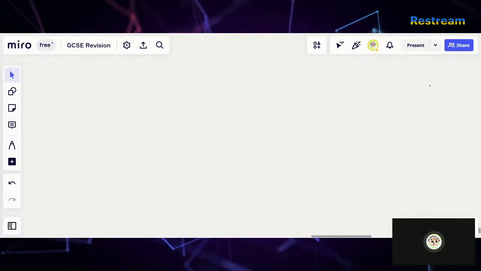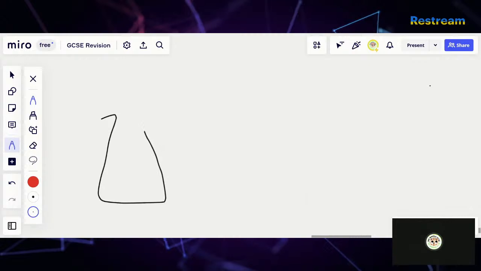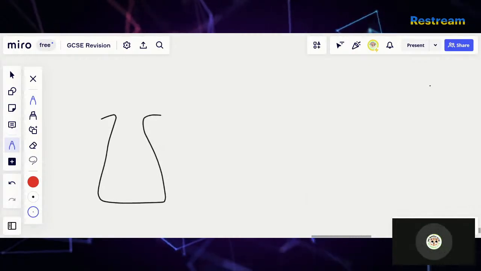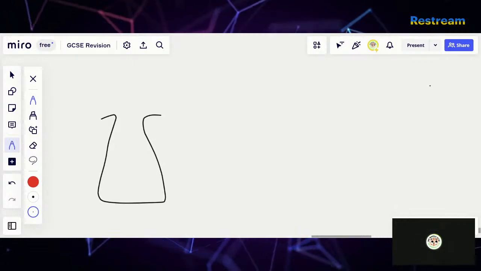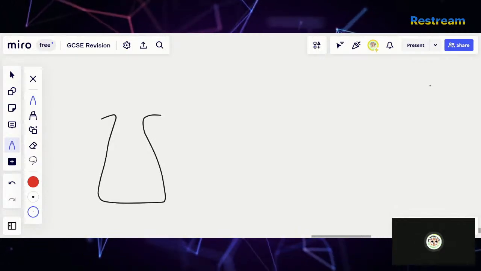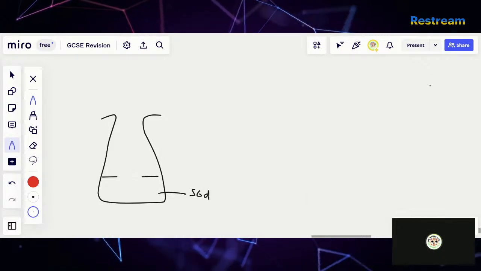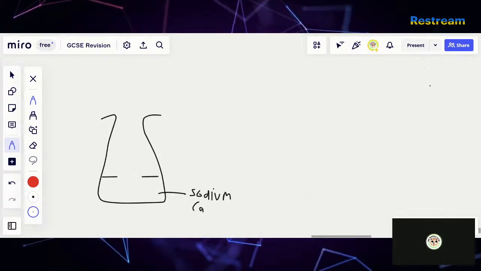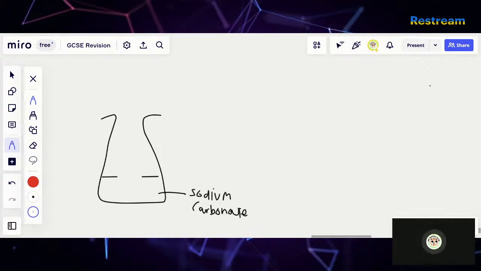We have a conical flask, and within this conical flask, we have a liquid, so sodium carbonate in particular, also known as limestone.